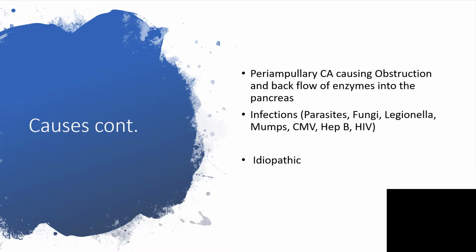I think I'm going to make a separate presentation on mumps very soon. When we don't have any cause per se, we've done our investigations, we look for everything, we've taken history, and we can't come down on a particular cause, we call it idiopathic.